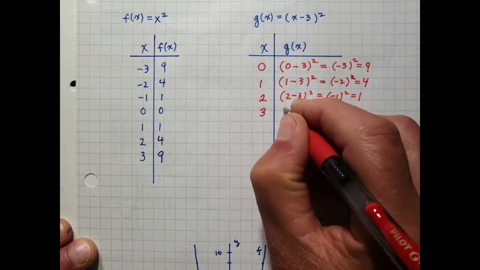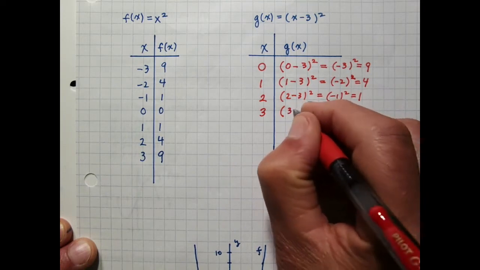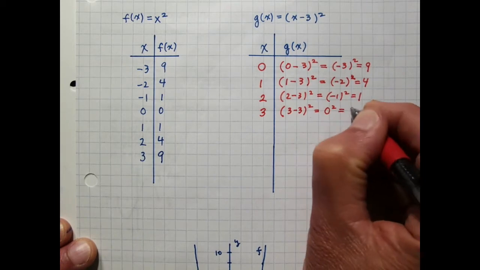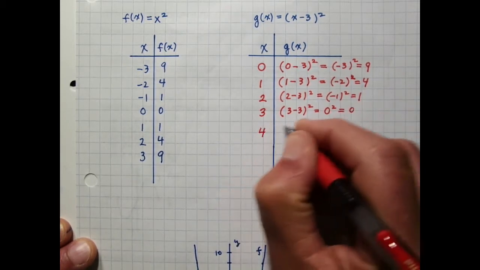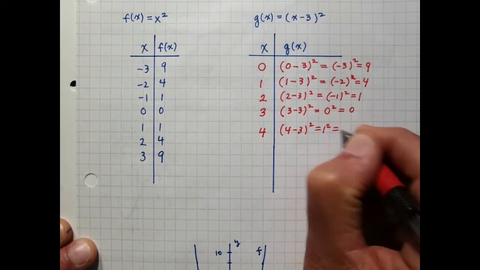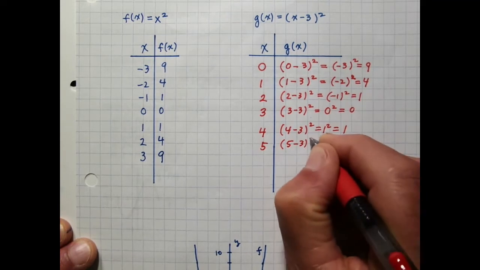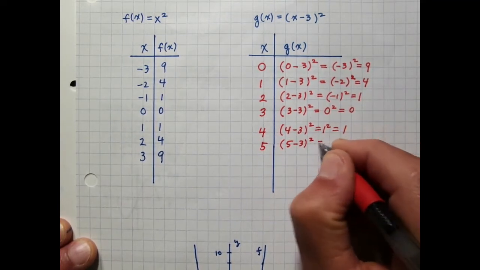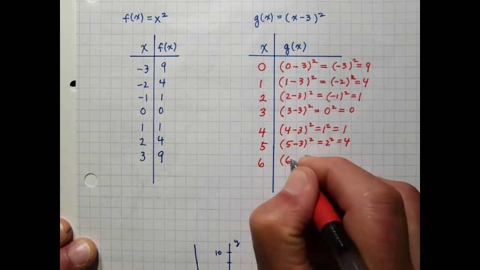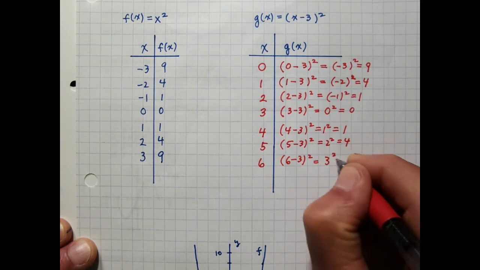3 minus 3 squared is 0 squared, which is 0. 4 minus 3 squared is 1 squared, which is 1. 5 minus 3 squared is going to be 2 squared, or 4. 6 minus 3 squared is 3 squared, which is 9.